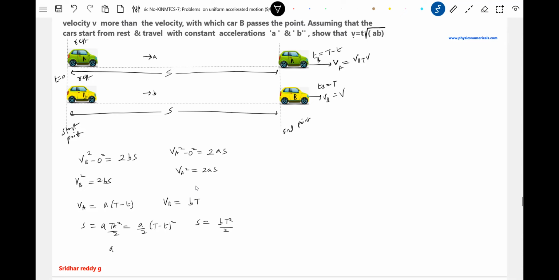Equating these two, A by 2 into T minus T square equals B T square by 2. So B by A is equal to T minus T by T whole square equal to B by A.